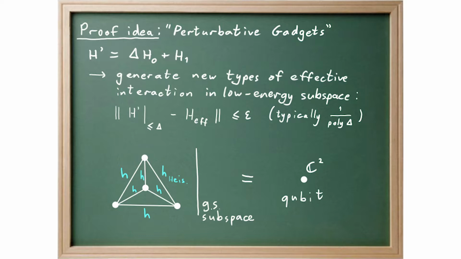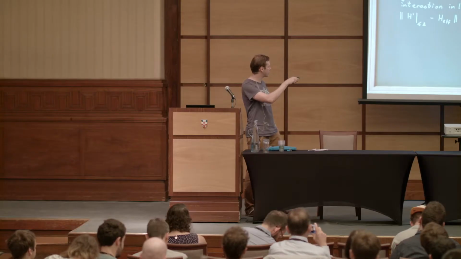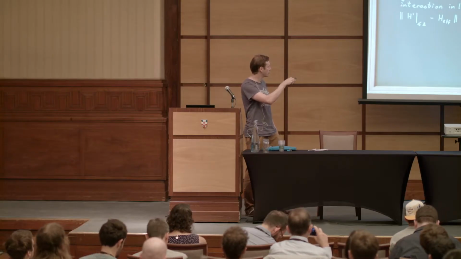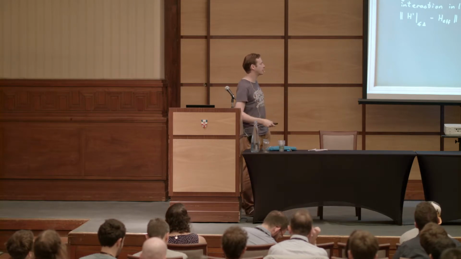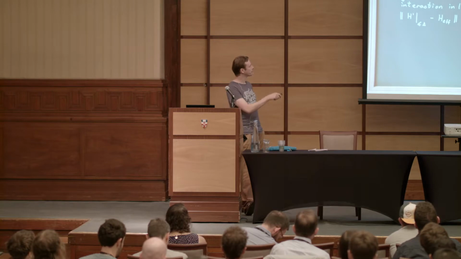And as you probably remember from undergrad, I can do a perturbation series expansion in terms of the weak Hamiltonian, and I get some approximation to the Hamiltonian in the low energy subspace. So perturbation gadgets are constructed using that idea, but you bound the errors rigorously, rather than just truncating the perturbation series and hoping it's small.